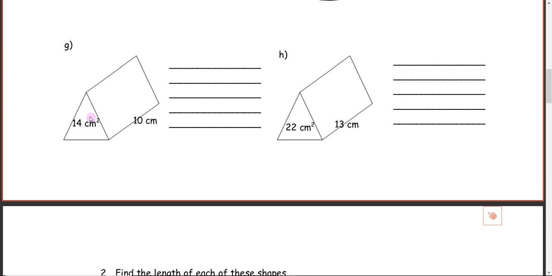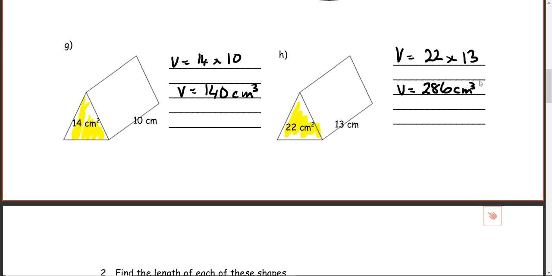The surface area has been given to you already. The triangles are there. So it's 14 times 10. That's 140 cubic centimetres. This one would be 22 times 13, which is 286 cubic centimetres. Everyone agree? Yep. Okay.